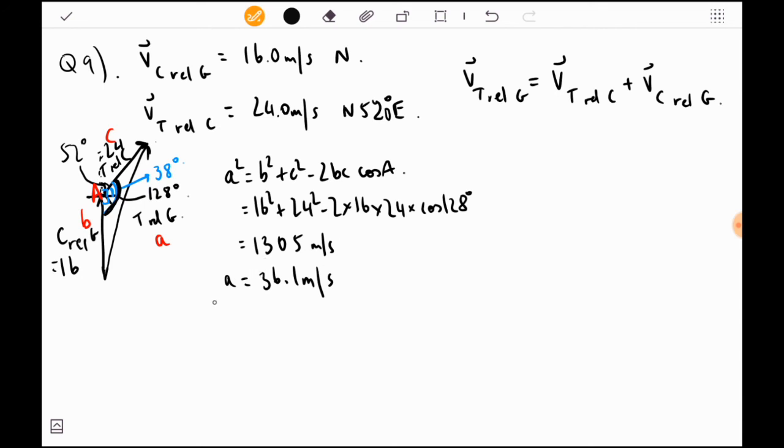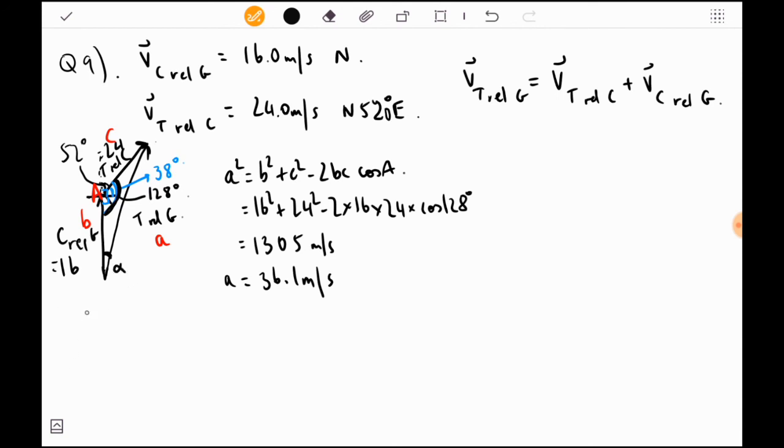Okay, so now that I've found the magnitude, it's time for us to find the direction. So here we were given the velocity of the truck relative to the car in terms of north 52.0 degrees east. So it makes sense for us to give the velocity of the truck relative to the ground in the same way. So this means that we need to find this angle in here, which I'm going to call angle alpha.